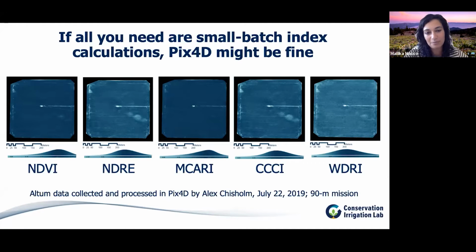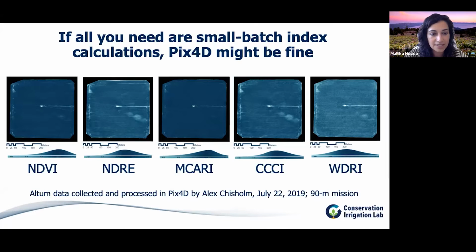Like I was mentioning, we started using Pix4D and just using the GUI. And when you're just doing a few different flights every once in a while and you want to sit through and click through this GUI, then that's great. This is just an example of some flights that we did in the Midwestern United States in Wisconsin.